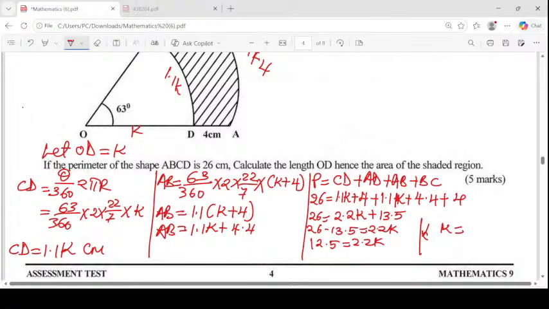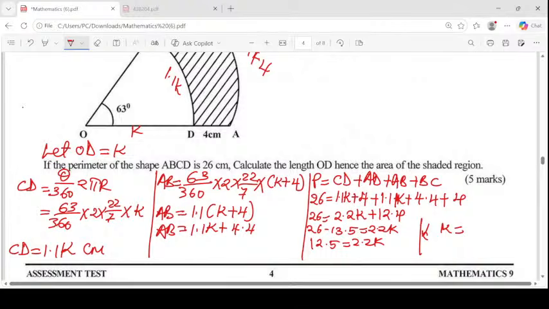Because when you have 4.4 plus 4 plus 4, this should have been 12.4, not 13.5. Yeah, this should have been 12.4.